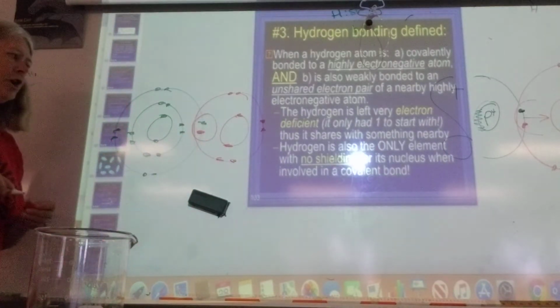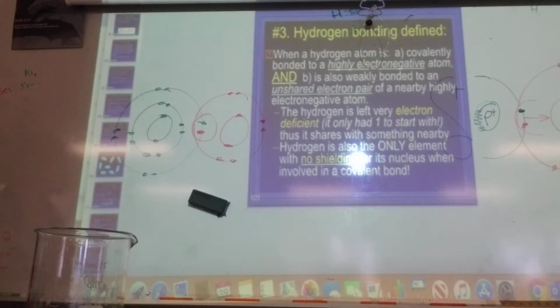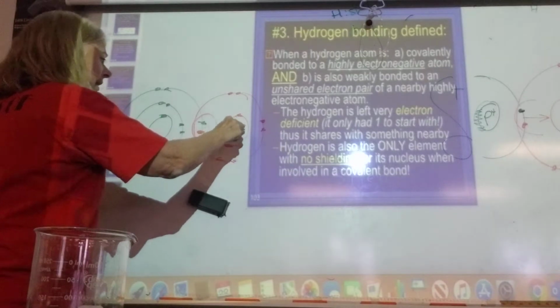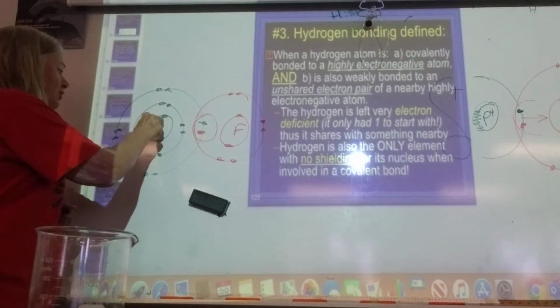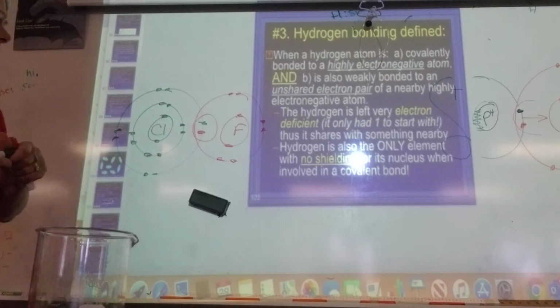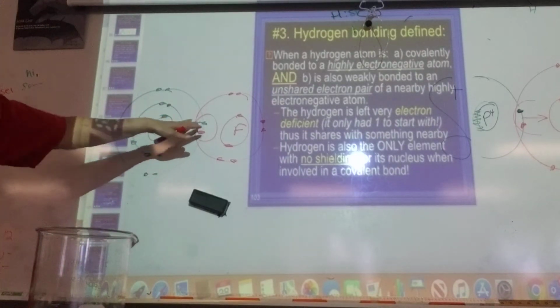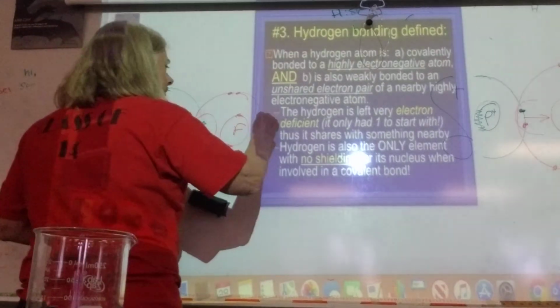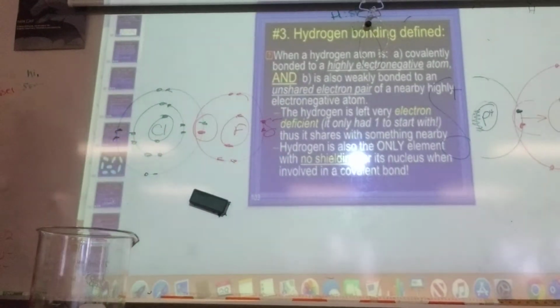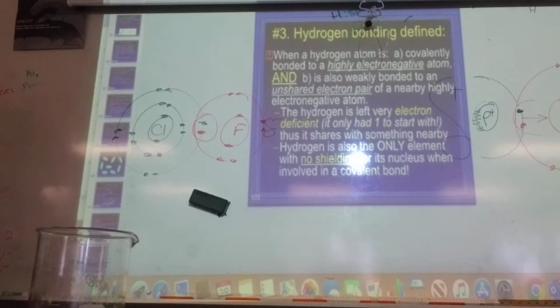So here's my shared pair of electrons. Fluorine, this red one, this is fluorine, can exert a stronger attraction for that shared pair than chlorine. Why does fluorine pull harder? Less shielding. You're correct. This is delta minus. And this one is delta plus.